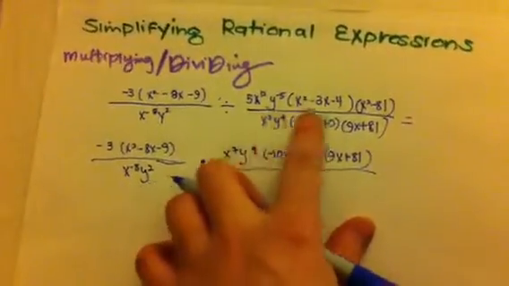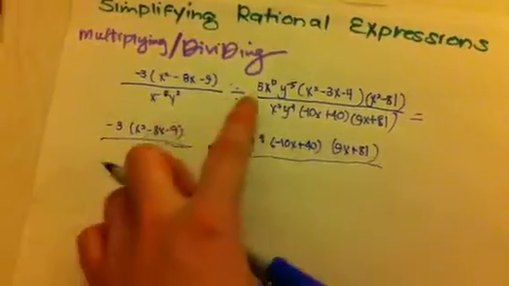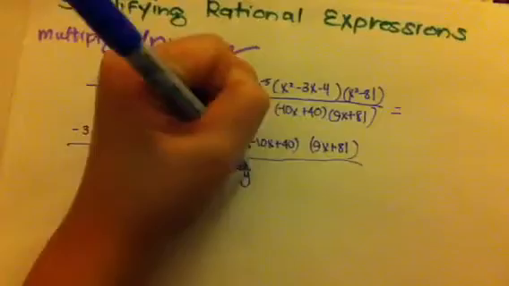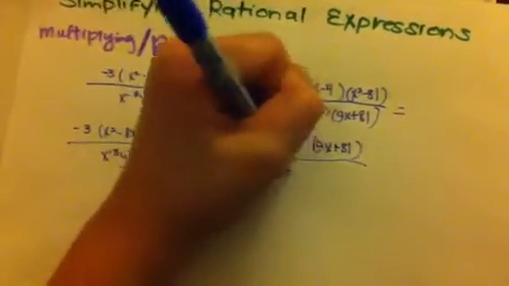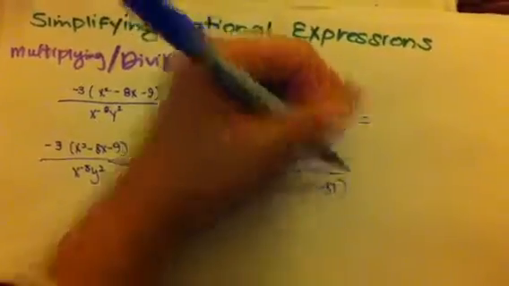You can notice it's the second fraction because we are taking the reciprocal, so I take the bottom and put it on top, and take the top and put it on the bottom: x squared minus 3x minus 4, x squared minus 81.